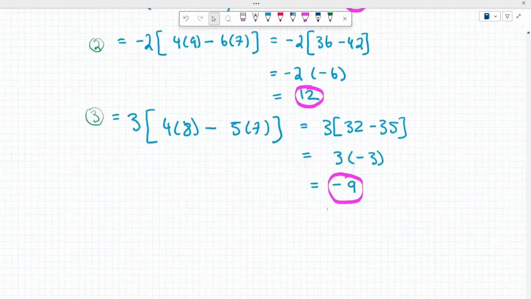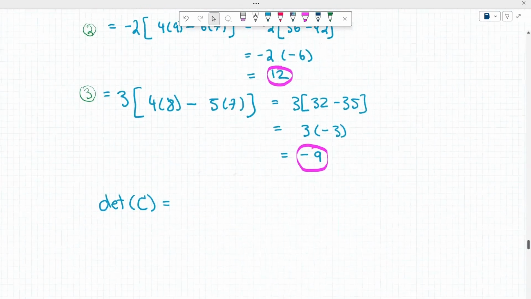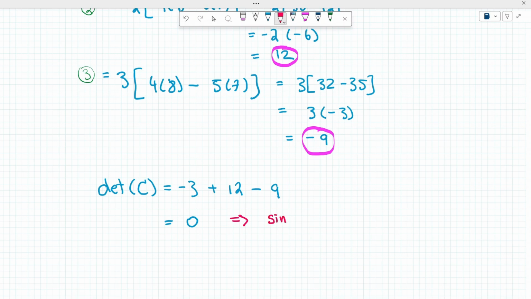So our determinant for C equals negative 3 plus 12 minus 9, and this equals 0. Since this equals 0, that means we have a singular matrix, just like we saw in our previous examples. So this means that the matrix is non-invertible.